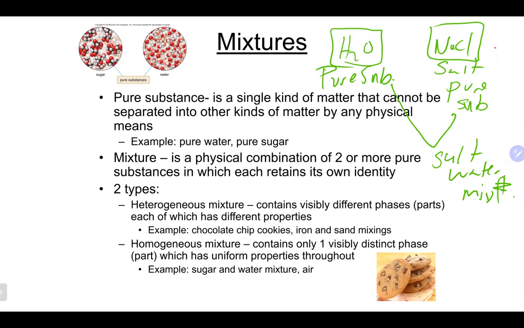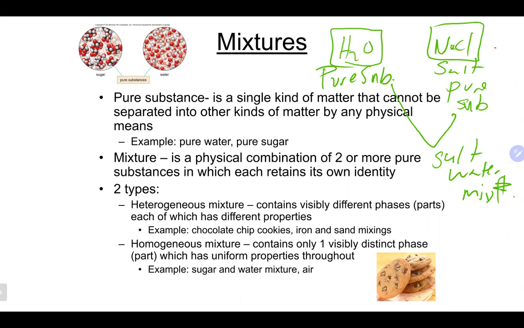There are two different types of mixtures that we come across. One is a heterogeneous mixture, which contains different layers. Even after sufficient mixing, you can mix it all day, but when you look at it, you'll still see the different layers, or phases.